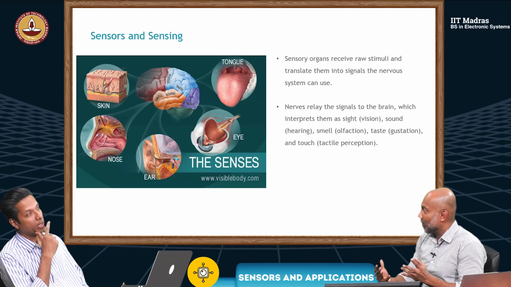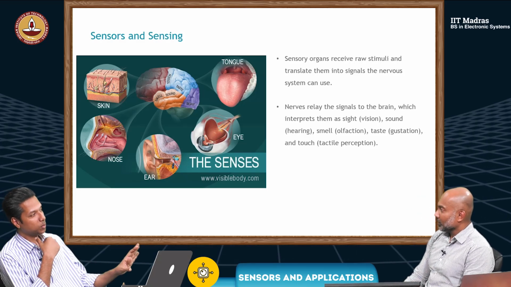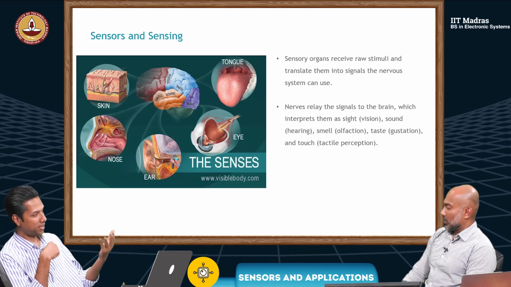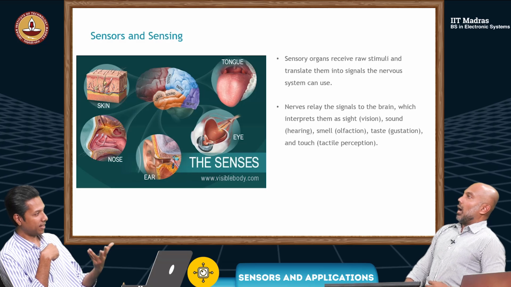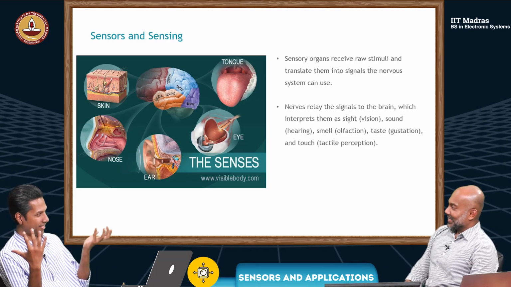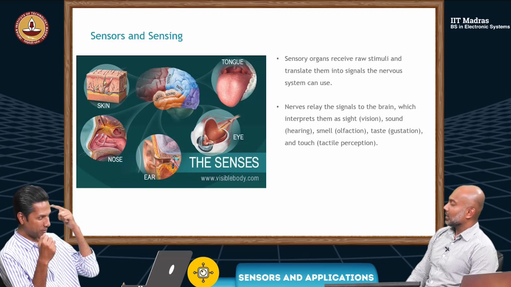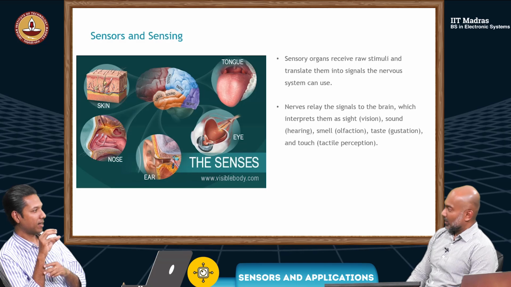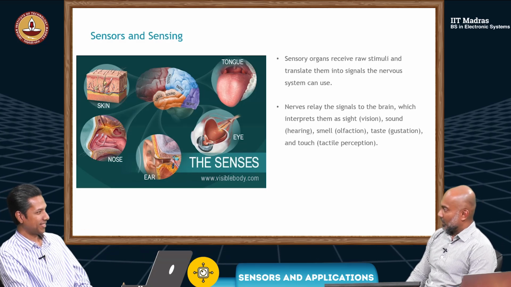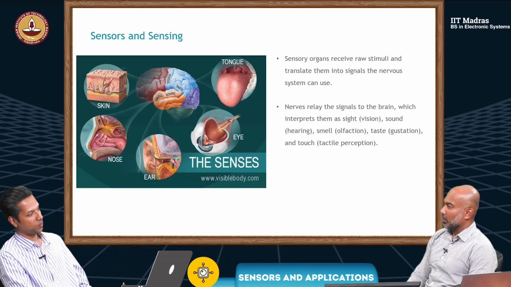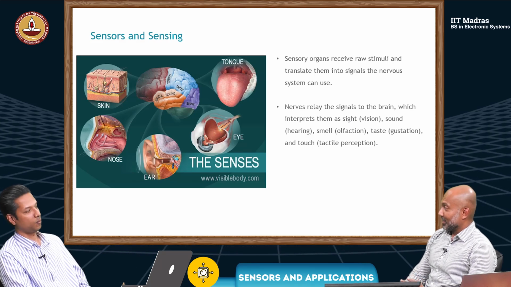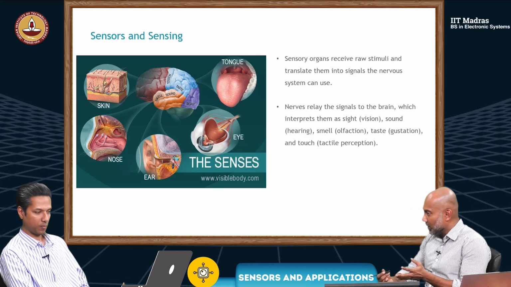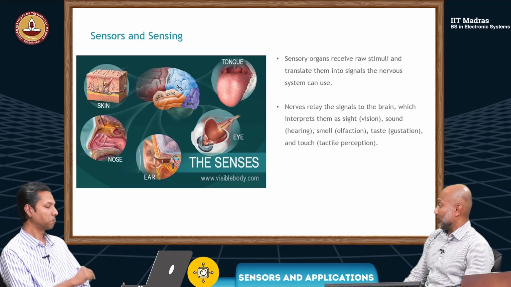An electronic nose means there will be some way to chemically sense this information, convert it into an electrical signal, and give it to a processor, which, like our brain, gets some information from that and says, okay, this is what you have. Somehow you're able to interpret signals that you get from the environment, and then depending on the output, you can make some sort of decision, for example.